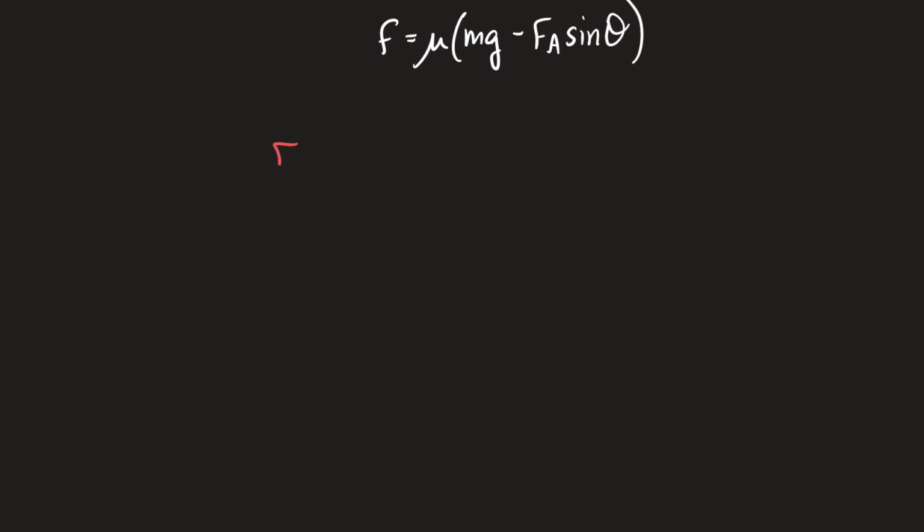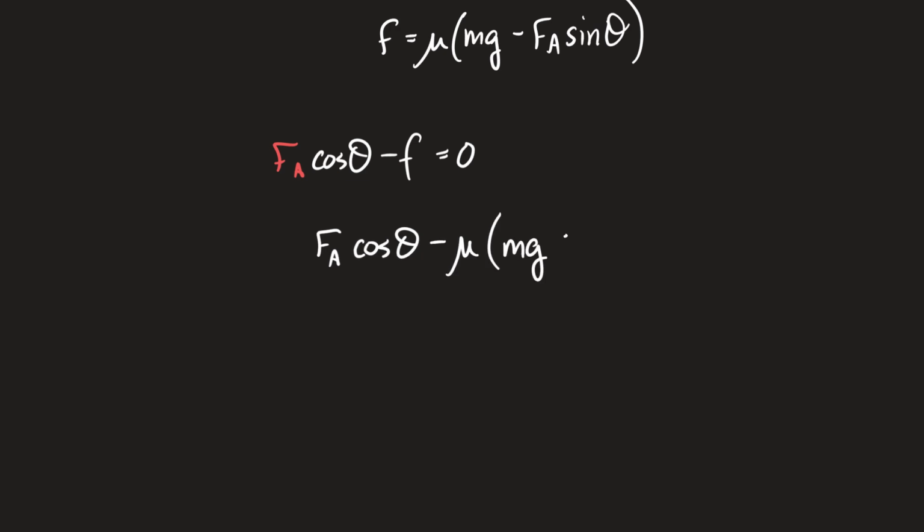But we're at the end now. So we know that FA cosine theta minus friction equals 0. So that means FA cosine theta minus mu times (mg minus FA sine theta) equals 0.